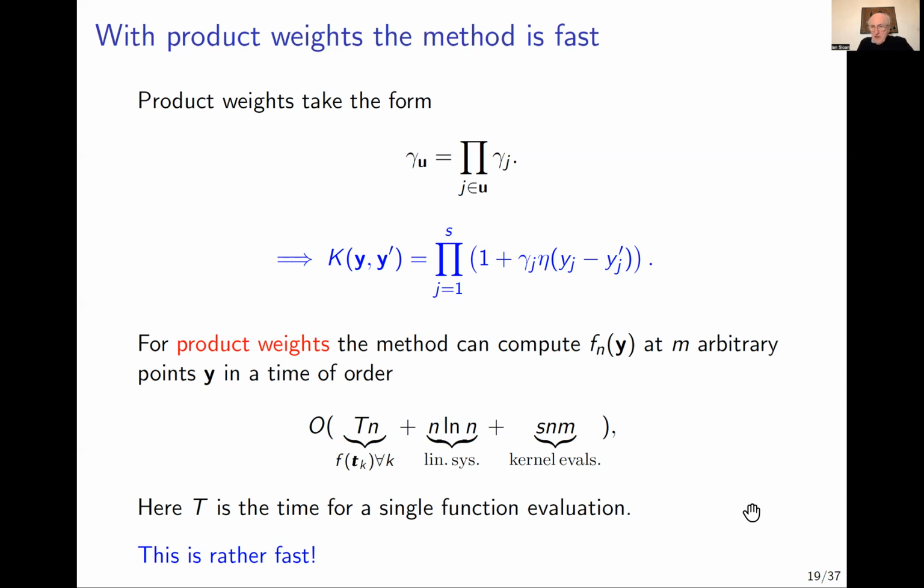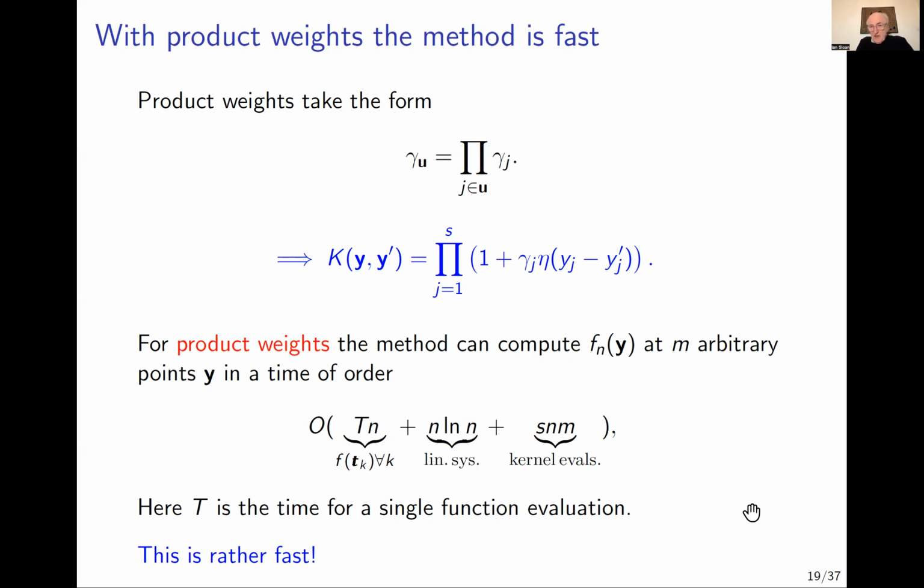But for product weights, this method is actually very fast for doing interpolation. The method can compute the interpolant at m arbitrary points in a time of order, well, I've written it down there, the capital O. So the first term is just the time to compute the interpolant. Capital T is the time for a single function evaluation.